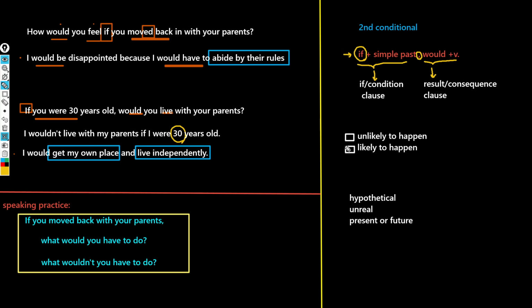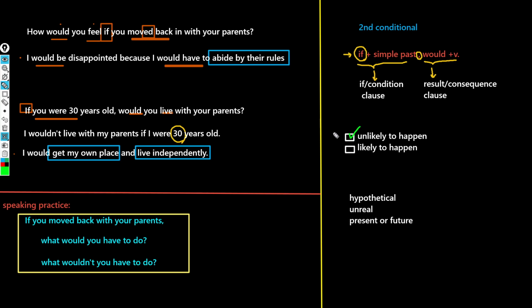So are we talking about a likely situation to happen or an unlikely one? So right now, I don't live with my parents. I have my own place. But if I were to move back in with my parents, I would be disappointed. But I don't have to do that. So is it likely to happen or unlikely to happen? It is unlikely to happen.